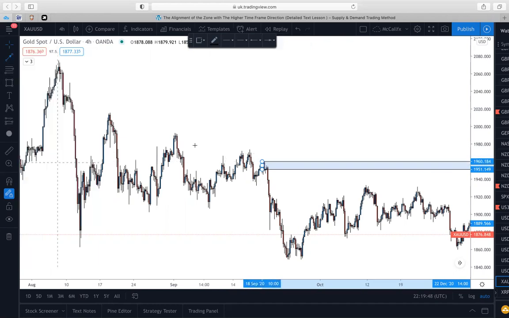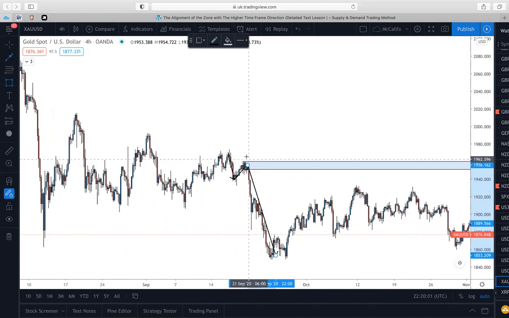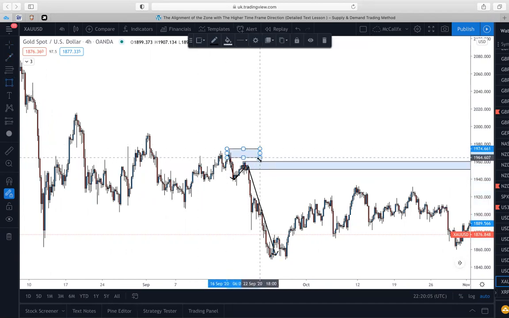The market went down to this side in a drop, base, and then drop. But what if this zone gets broken? So what I actually did was I had my zone at this level, and also at this level. But then I changed my stop loss from this side to this side. So my stop loss became something like this.